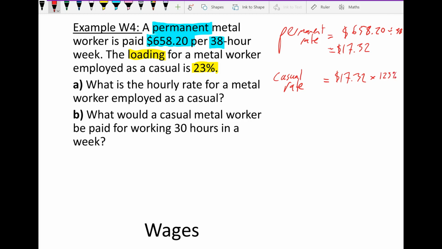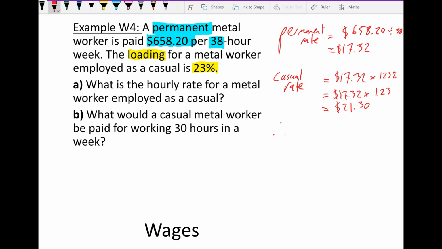So I don't have to do any in-between steps, I'm just going to jump straight to the answer. Okay, so that's $17.32 times 1.23, which is $21.30.